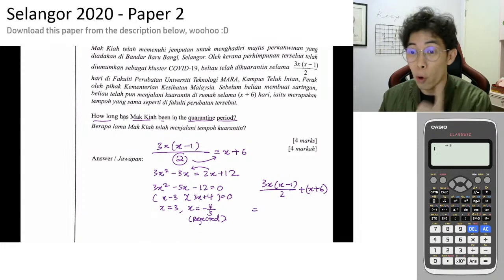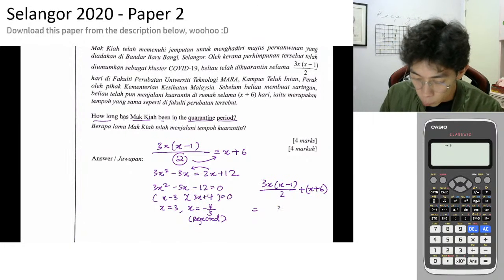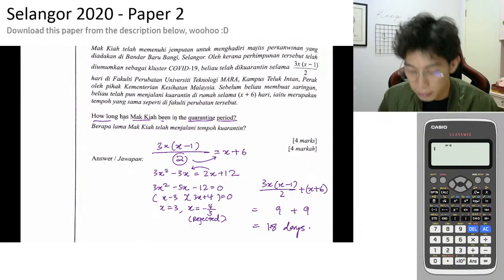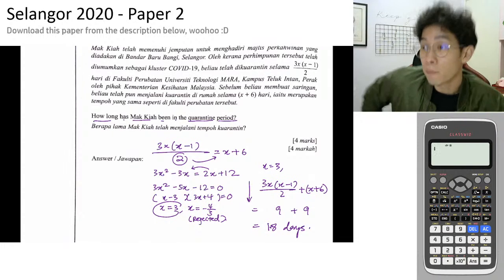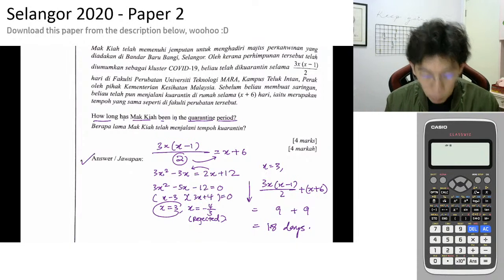But anyhow, both answers are the same, right? I will just treat it as 3 plus 6, so it will be 9 plus 9 anyway. So it will be 18 days. You just sub the relevant x answer into it, can already. Okay, x equals to 3, then you continue. So everyone, remember, write your answer at the correct spot.